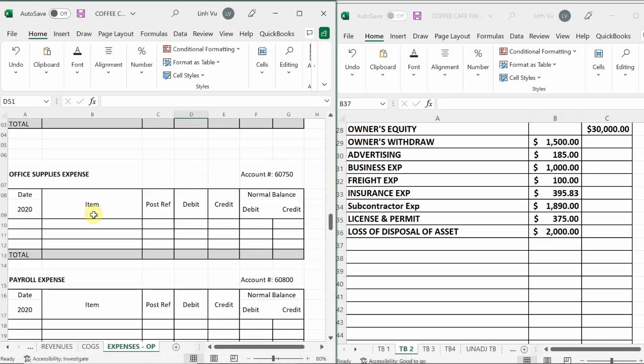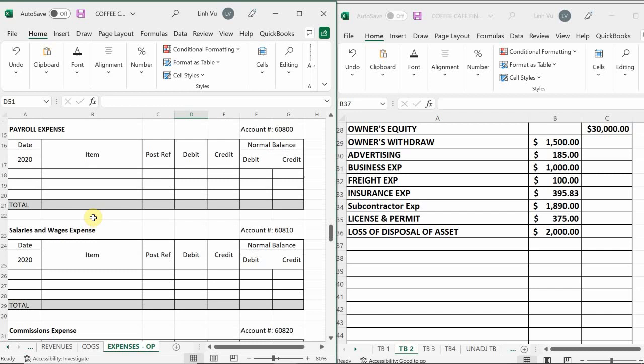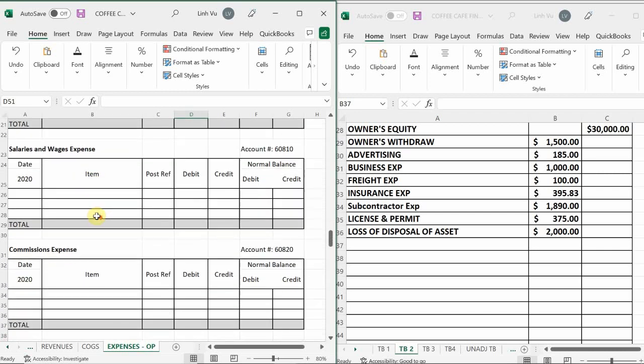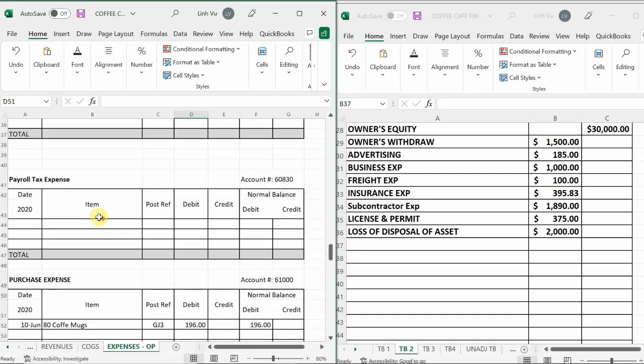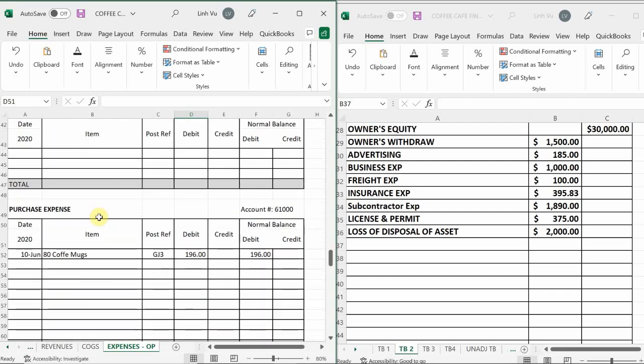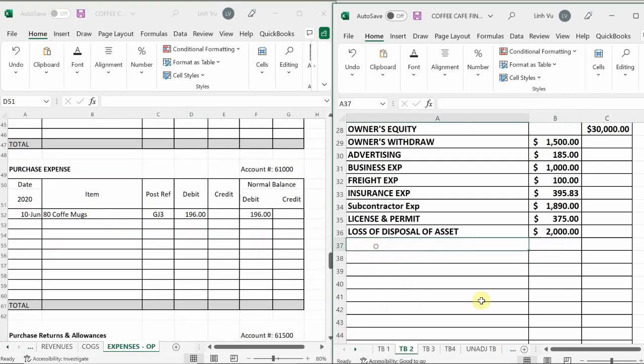Let's see what's next. Office supplies expense. We don't have any office supplies to expense, so nothing there. Payroll expenses: we have our employees, but they haven't started working yet, except for two people today. So no salaries, no commissions, no payroll taxes. What about purchase expense?